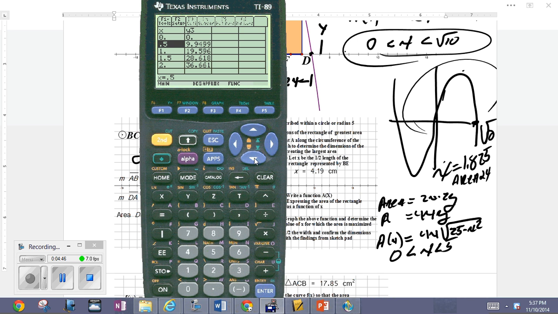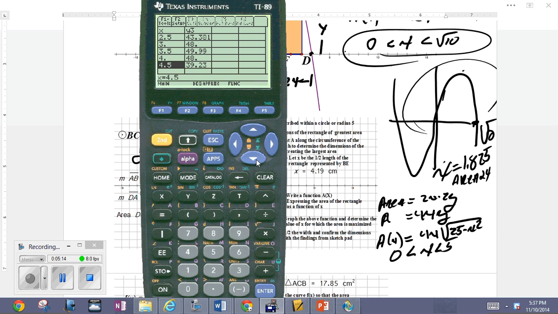So where does this begin to peak out? Let's look at our x values. We're interested in the value of x where this peaks, and our x values can run up to 5, we've reasoned.